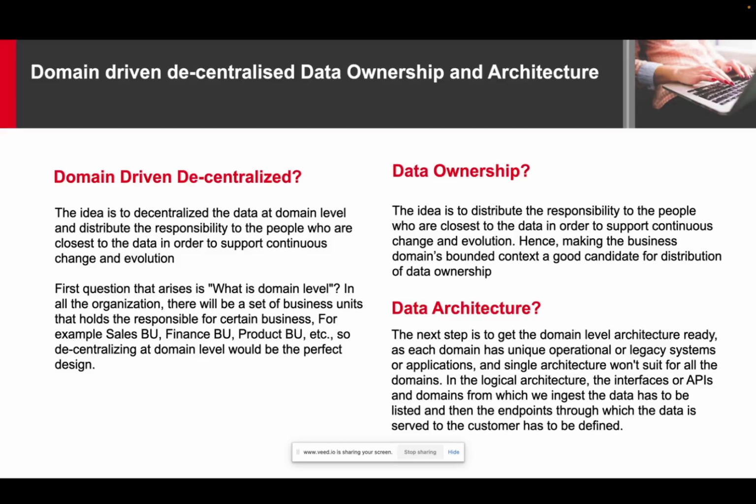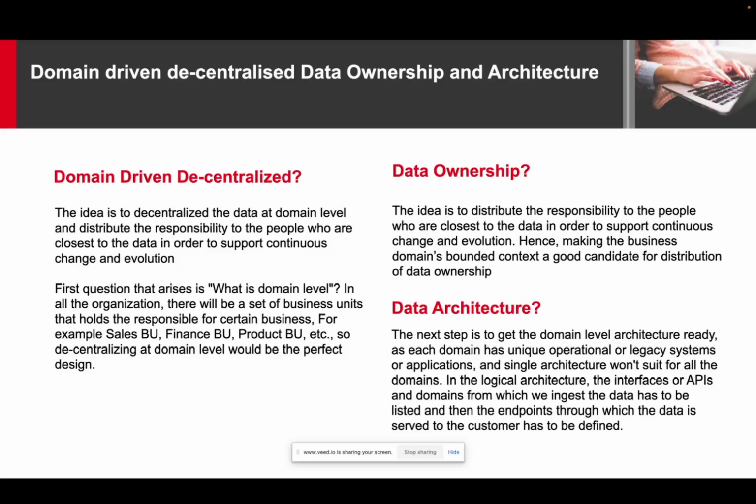After decentralizing at the domain level, the next activity or concept is to identify the owner. Who will be the responsible person for this domain? The person who is closest to the data as well as the continuous change and evolution of the data is the correct person to be the owner, because they know the in and out of the data, what's happening, what the data quality is, and how it can be treated as a trust of data or one truth of data.